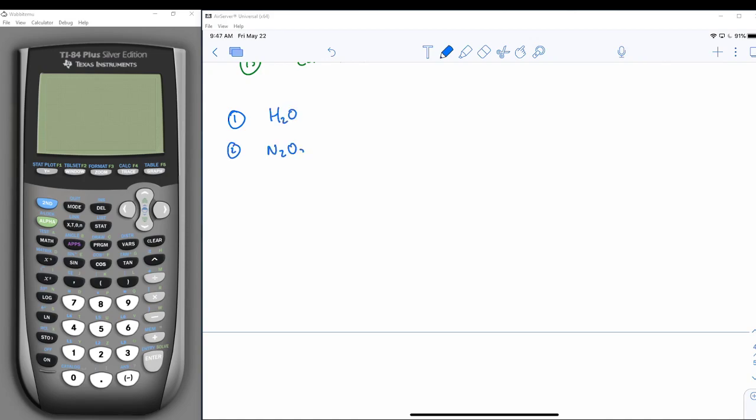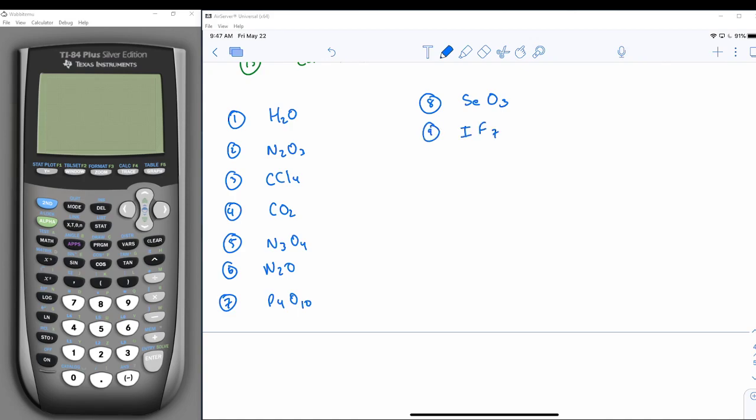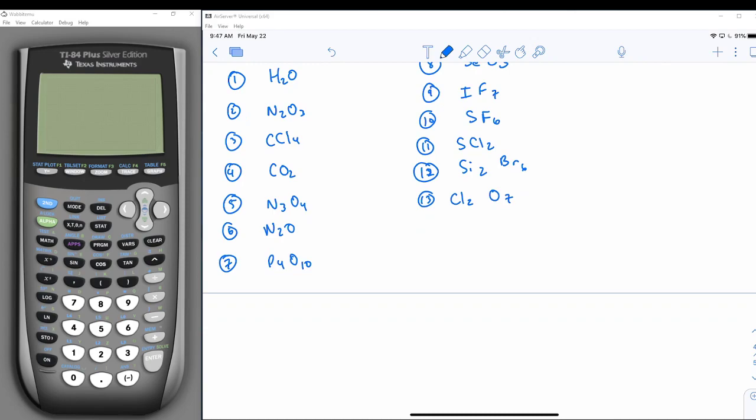H2O, N2O3, CCl4, carbon dioxide CO2, trinitrogen tetroxide is N3O4, 6 nitrogen monoxide is N2O, 7 tetraphosphorus decoxide is P4O10, 8 selenium trioxide, 9 iodine heptafluoride, IF7, sulfur hexafluoride, SF6, sulfur dichloride, SCl2, disilicon hexabromide, dichlorine heptoxide, and pentaphosphorus decoxide, which is P5O10.